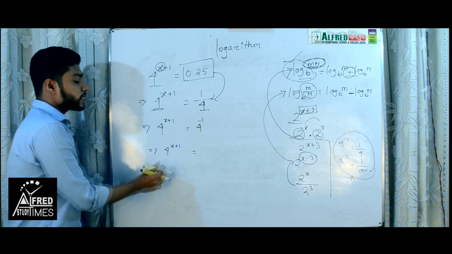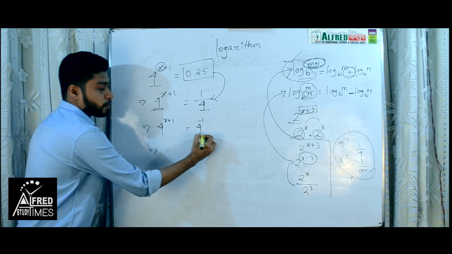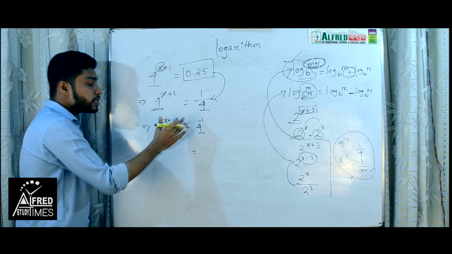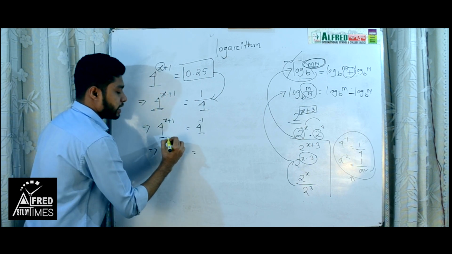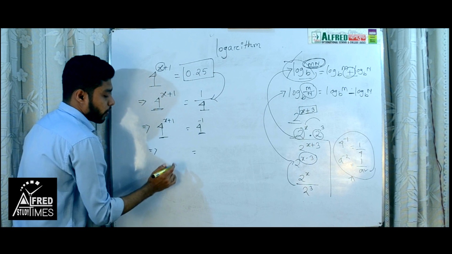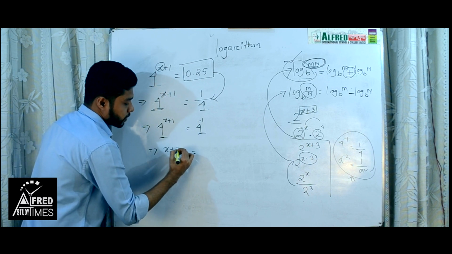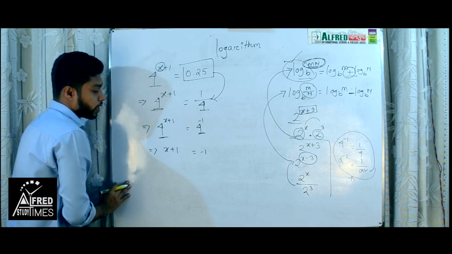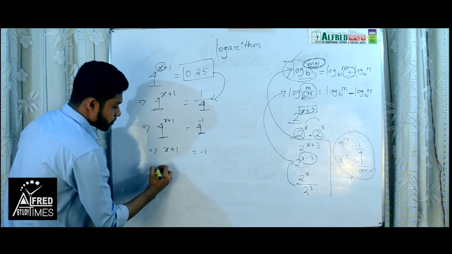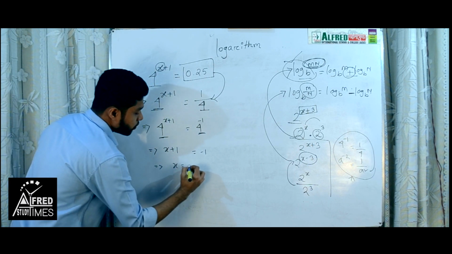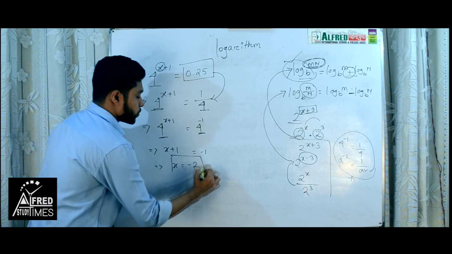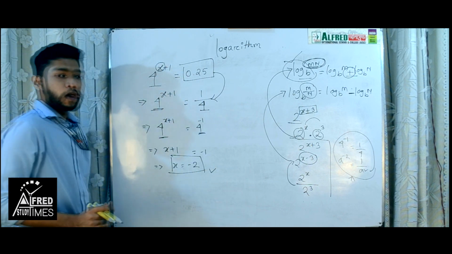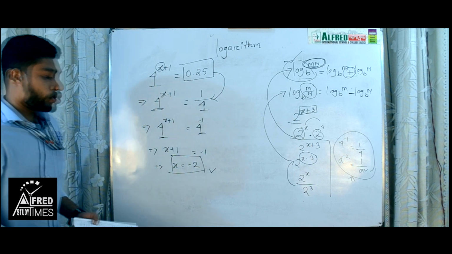So now we see the base is the same for both. Now we can avoid it, we don't take it, just make the power x plus 1 equal to minus 1, and it will go x is equal to minus 2. So my answer is x is equal to minus 2. This is my answer. Okay, now I move to my next question.